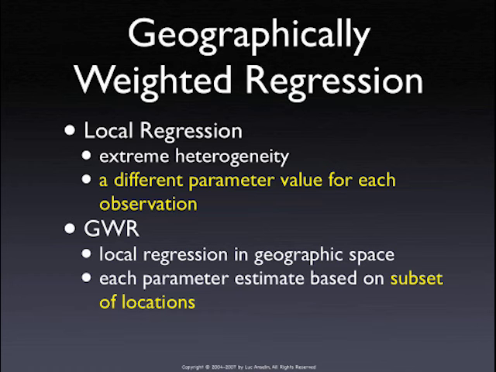Not close in terms of the x i in the variable space, but close in terms of latitude and longitude in geographic space. That is the difference between a standard local regression in standard non-parametrics and a geographically weighted local regression. The domain over which the neighbors are determined is a geographic domain rather than an attribute domain, a variable space domain.